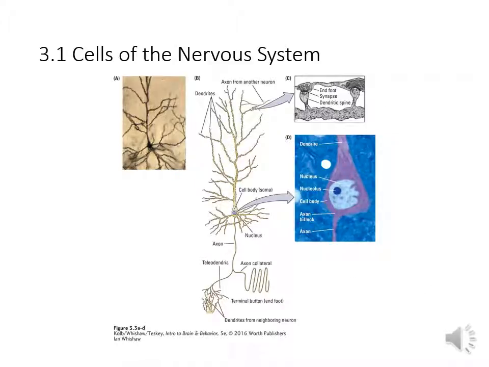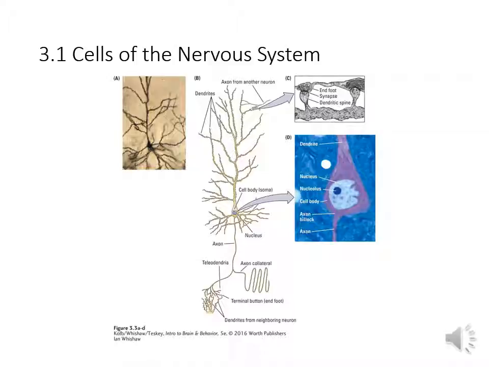So this is a little bit more detailed picture. You can see up at the top, the dendrites, in that picture, the dendrite is connecting with the axon from another neuron. Then the information comes down to the soma, where the nucleus is located. The nucleus kind of condenses the information and sends it out to other cells through the axon.